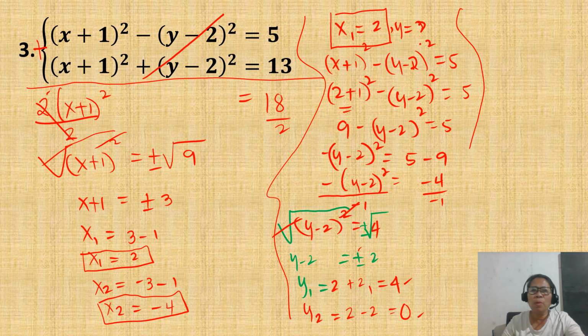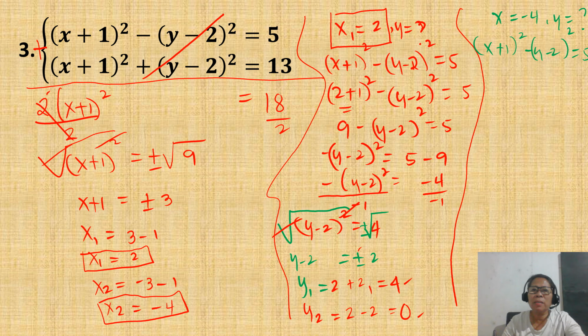Now let us now solve the value of y if x will be negative 4. So x is equal to negative 4, then what is the value of y? So original equation, x plus 1 squared minus y minus 2 squared is equal to 5.